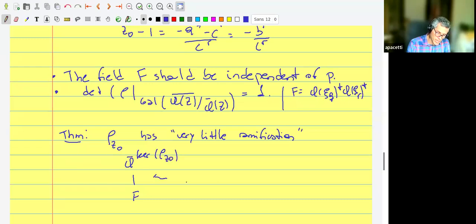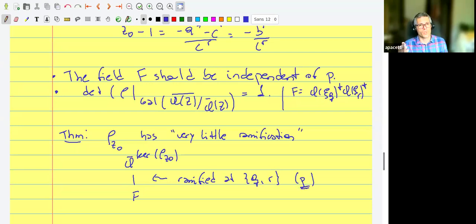It's going to be pretty much only ramified at Q and R. And of course, there is some ramification at P because you're considering a representation modulo P. But when you want to compute spaces of modular forms, the good part here is that your representation, the ramification is really, really small. It's really bounded. That's the main point here.